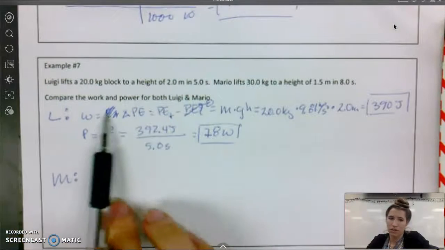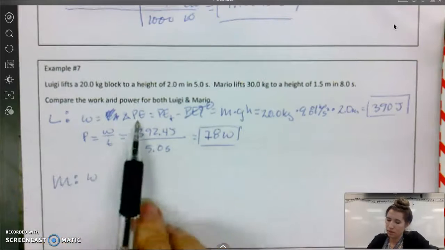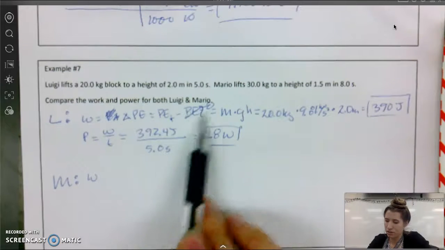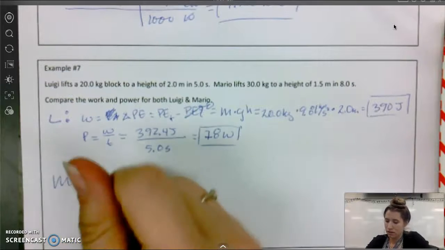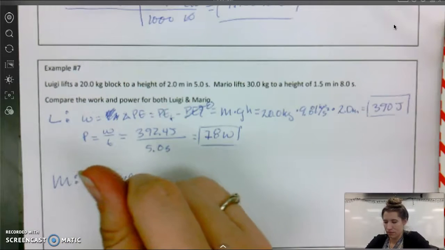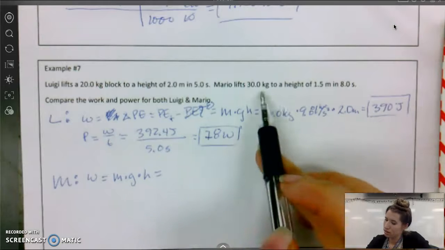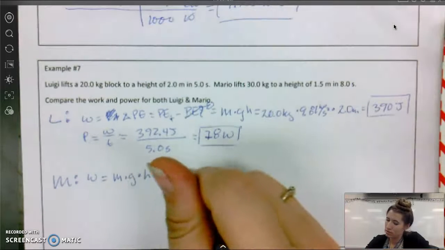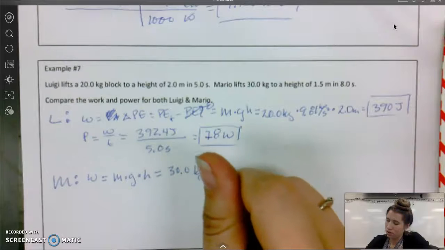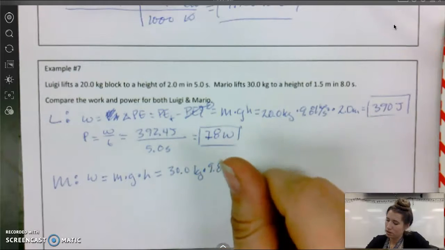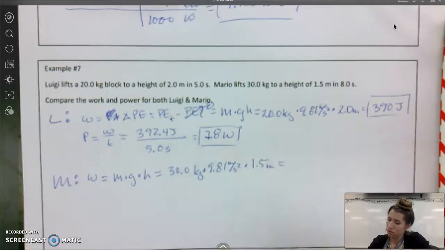Same justification that we have going on there. That work will be a change in potential energy. Our initial was 0, so it's all potential final. So potential final is mass times g times h. So it is 30 kilograms times g, 9.81, times the height, 1.5 meters.